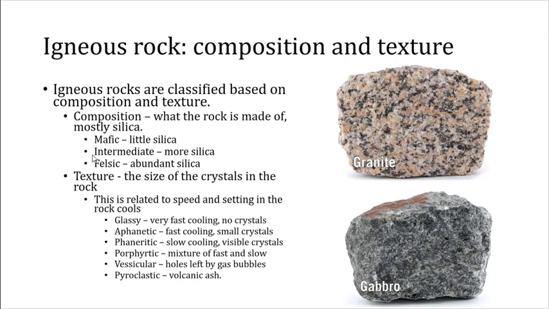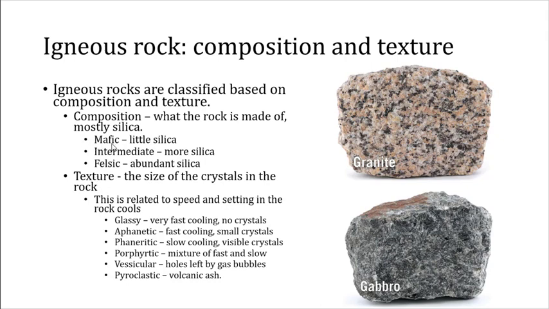We have intermediate rocks that have a little bit more silica, and then we have felsic rocks that are a whole bunch of silica. Now understand that even mafic rocks, this is relative, right? Mafic rocks might have 60% silica. Okay, it's just that felsic rocks have 95% to 98% silica. So don't worry about the numbers, just worry about the relative abundances, right?